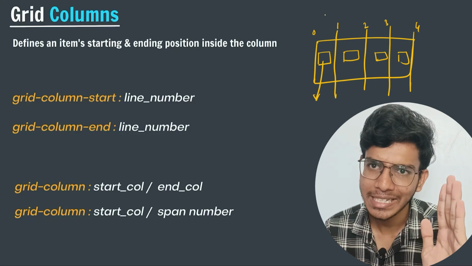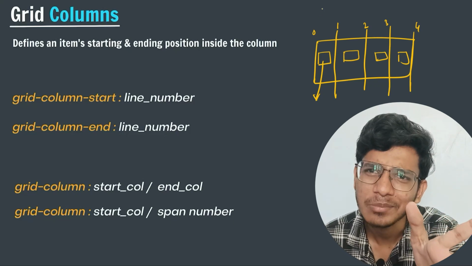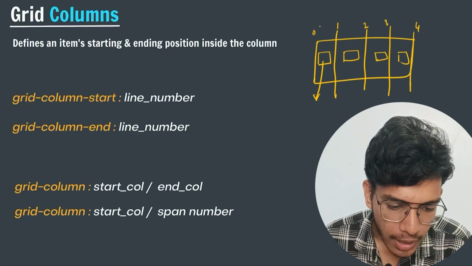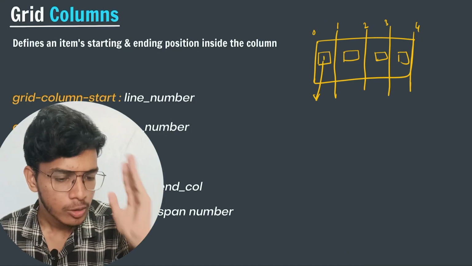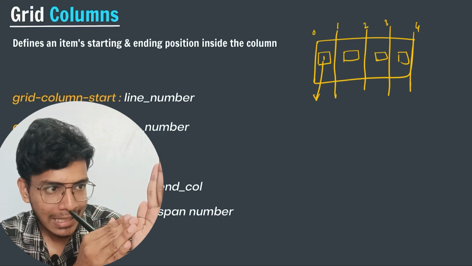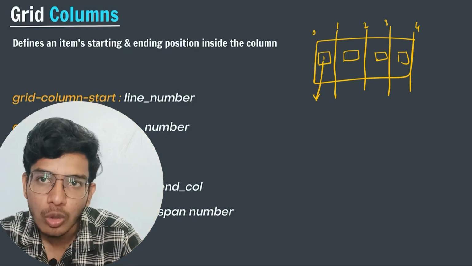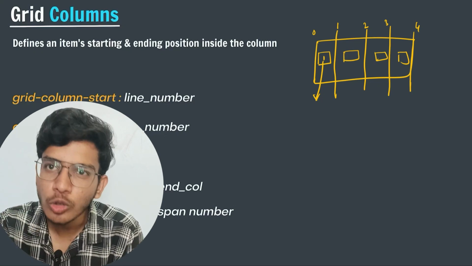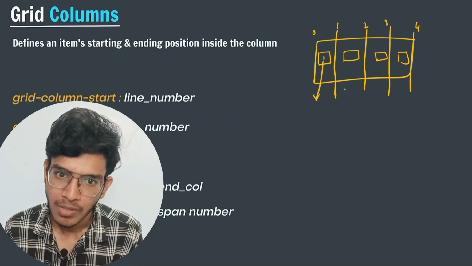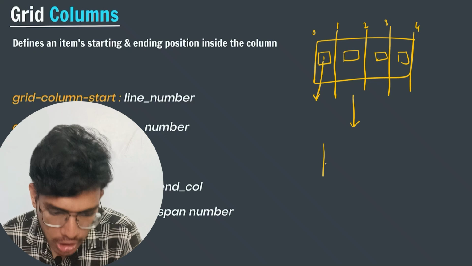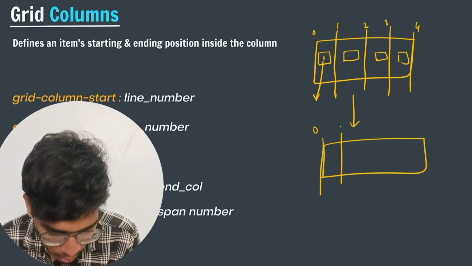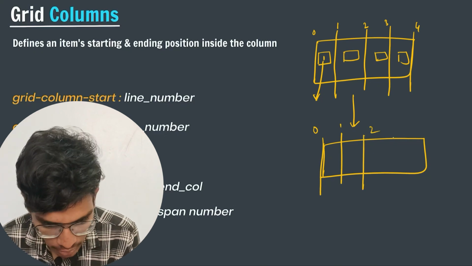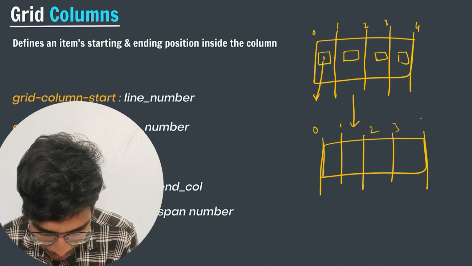I know what vertical lines are, what basically column lines are. Now I want my div 1 to start at line 0 and end at line 2, and after line 2 the next element should come. I want to create a structure like this, right? This is my line 0, line 1, line 2, line 3 and line 4.